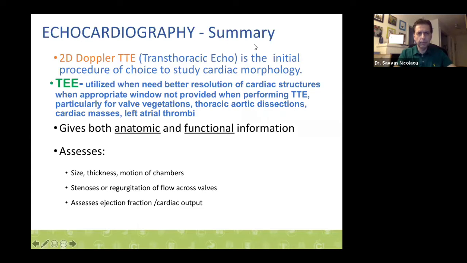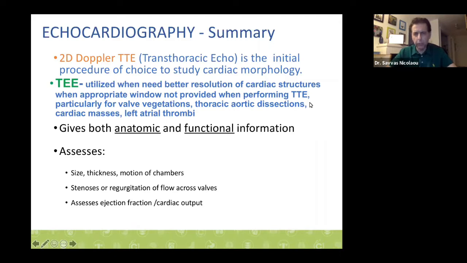Now, in summary, for echocardiography, transthoracic is the initial procedure to study cardiac morphology, giving us both anatomical and functional information, assessing the size, thickness, and motion of the chambers, stenosis or regurgitation of flow across valves, and also assessing ejection fraction and cardiac output.